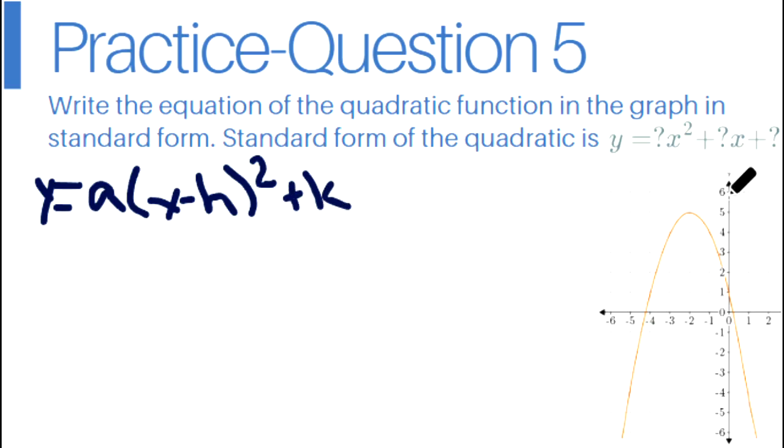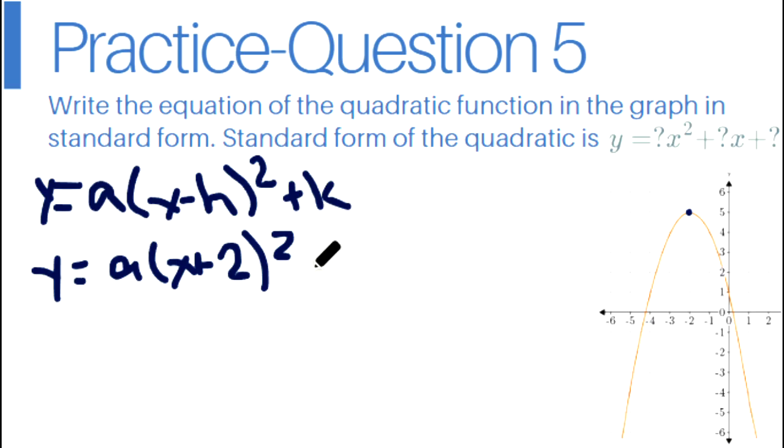So the first step is to take our vertex, which is right there, and substitute it for h and k. So that would leave us with y equals a times x minus... we have to flip the sign for h, which is negative 2 here, so it becomes positive 2. Okay. Squared plus k is going to be 5.